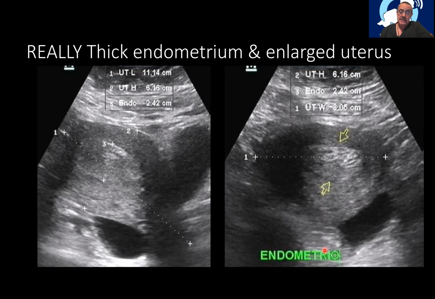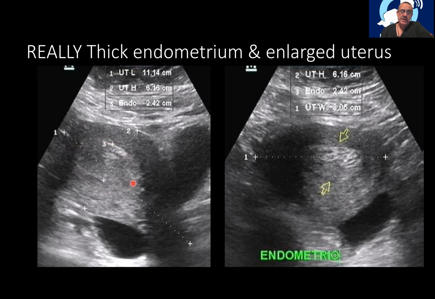Endometrial malignancies usually are seen in a bigger uterus. This is a mildly enlarged uterus with a really thick endometrium. The endometrium is not just this, it's all the way through here. This is the posterior wall of the uterus. This is the anterior wall of the uterus. Follow the myometrium.